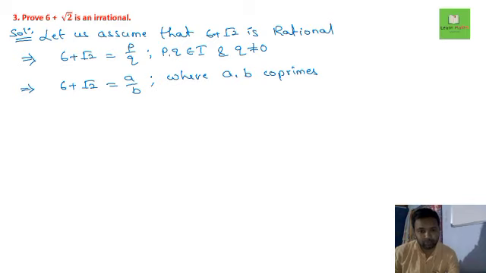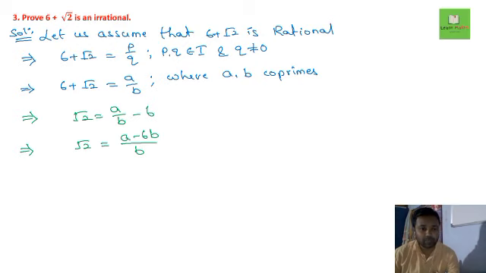No need to apply square here. Simply apply the transposition of plus 6 from LHS to RHS. So root 2 is equal to a by b minus 6. Now simplify the RHS side. Root 2 is equal to, taking LCM b, a minus 6b by b.